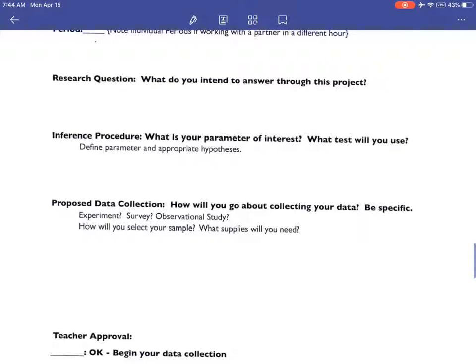So a good example would be if you said, are the male students at Cambridge taller than the female students at Cambridge? That's a research question. And then you could collect your data by collecting the heights of different students, and a good sampling method, and then comparing your results.